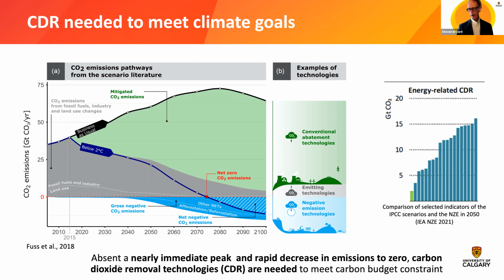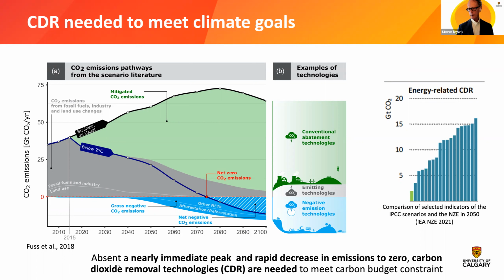And a summary of that is provided in the IEA's net zero emissions pathway work published last fall. They summarized about 15 or 16 IPCC scenarios; the amount of carbon dioxide removal needed in 2050 in those scenarios ranges from 5 to 15 gigatons per year.